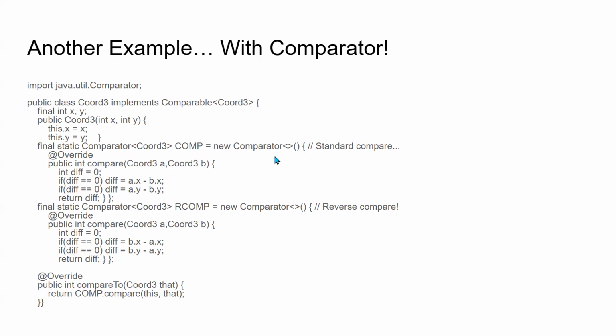And here's another anonymous inner class. What it's going to do is sort by X and then by Y. And then I have R comp, which is like comp, but it reverses the order of A and B here. So it's going to do the reverse order search of comp.